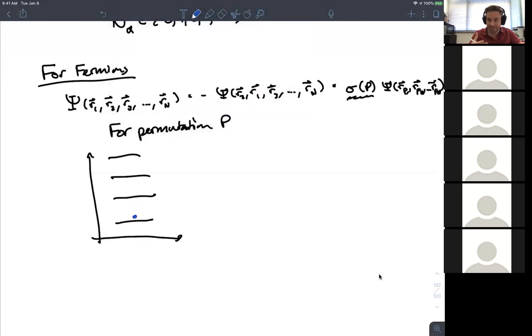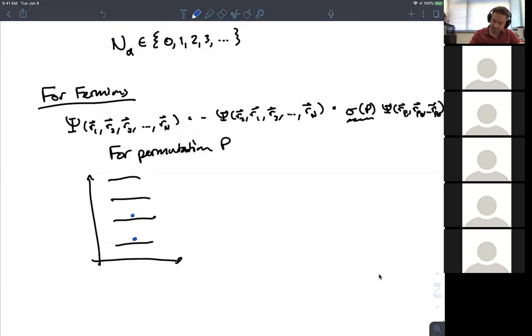If I throw in another particle, it cannot exist in the same state as the first one. So if I throw in another one, it's got to go into the next one. So in general, the allowed occupation numbers for fermions is either 0 or 1. And that's it. You can't have an occupation number greater than 1.